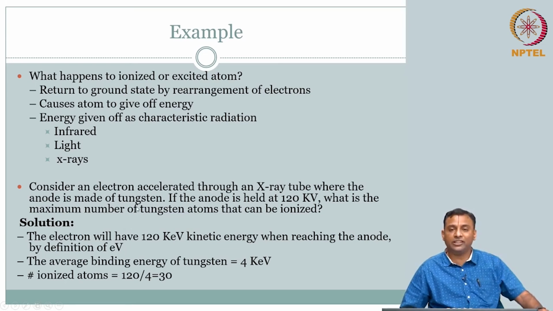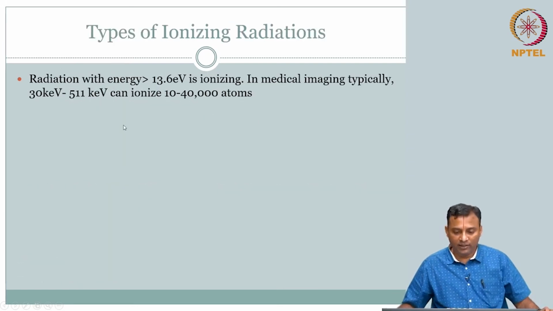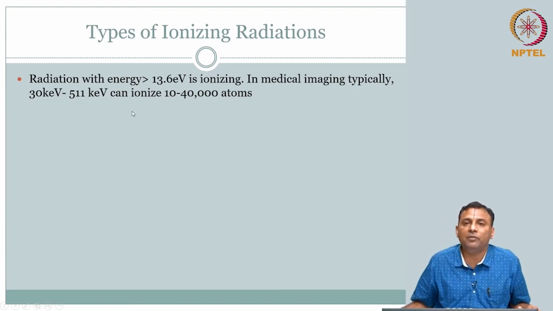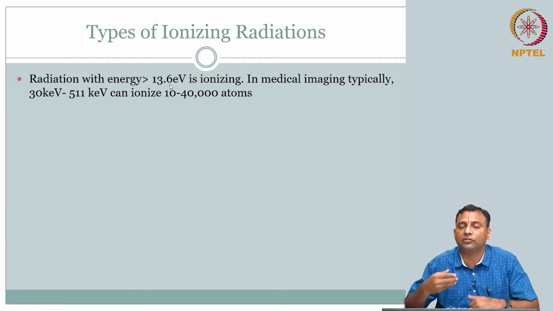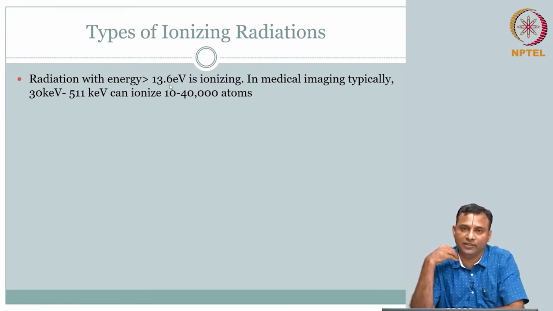Here, ionization of tungsten is explained because you have to generate X-rays, so this will come in the X-ray tube. For all practical purposes, radiation energy greater than 13.6 electron volt we will call ionizing radiation, because that is enough to ionize hydrogen.